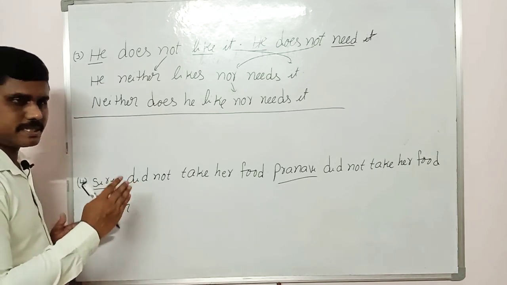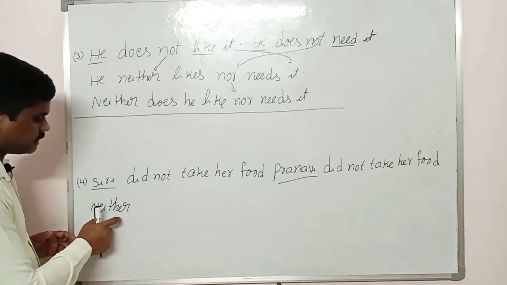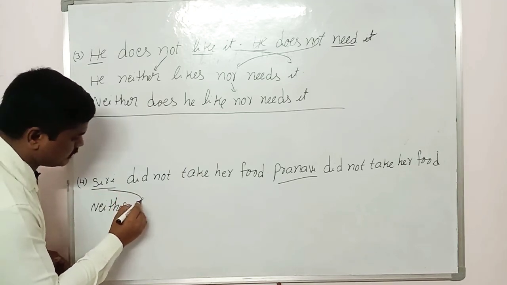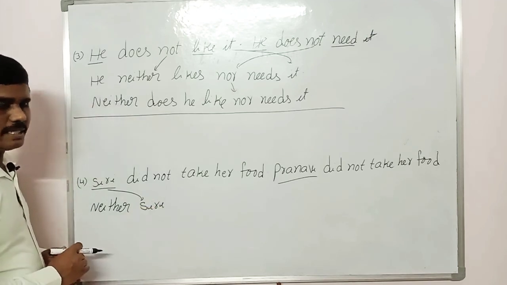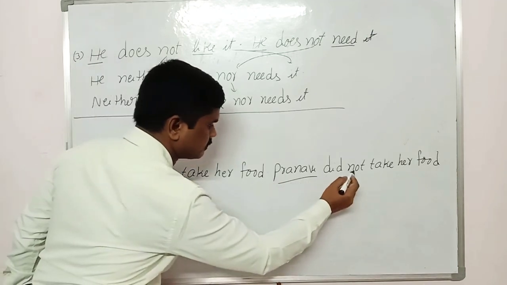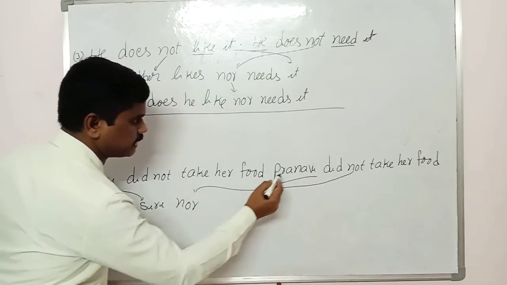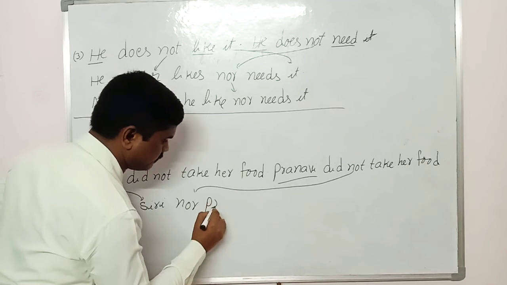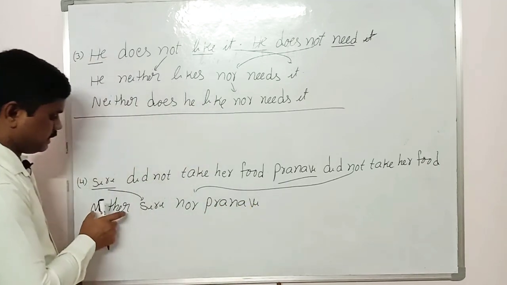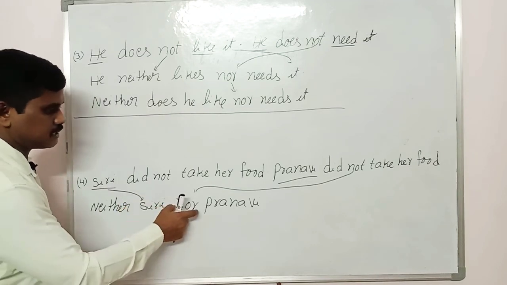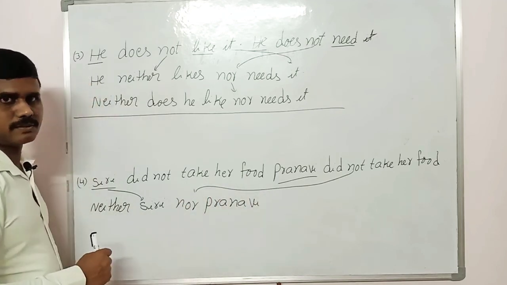After neither, you write the first subject, that is Siri. Next, you keep another negative word, that is nor. You write another subject, that is Pranavi. Neither first subject nor second subject, and the remaining part as it is we have to write.